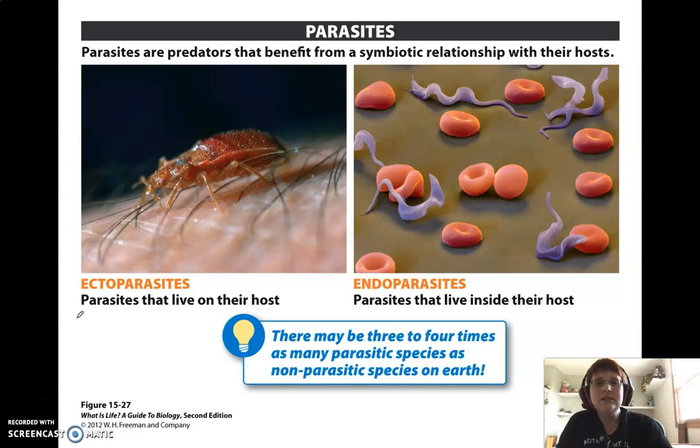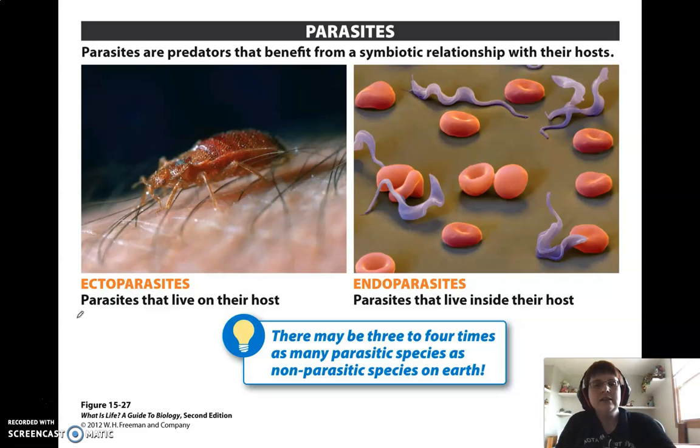Those are all good examples of ectoparasites because they're going to be on the outside of the organism. They don't have to stay for a very long period of time in order to be a parasite. They just need to feed off of that organism.